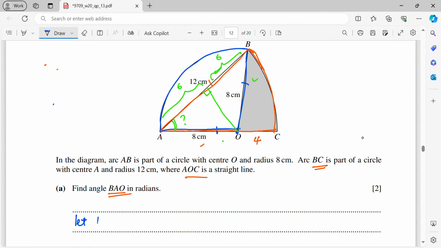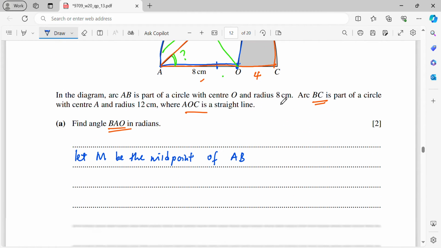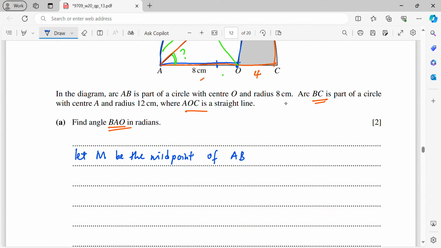Alright, so let M be the midpoint of AB. Then I will draw the triangle, or otherwise you can use the cosine rule. If not, just use the right angle triangle.